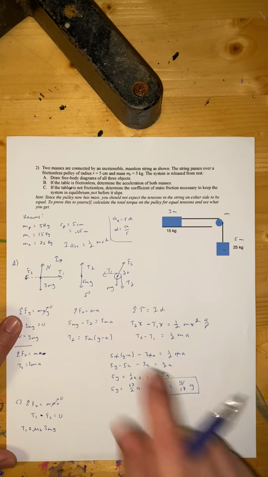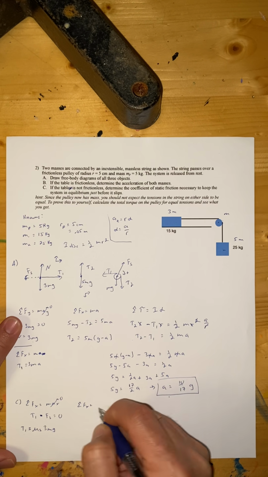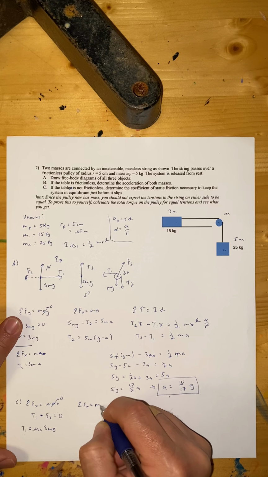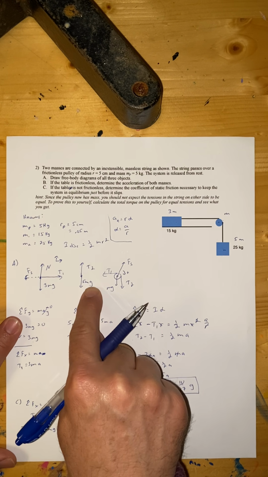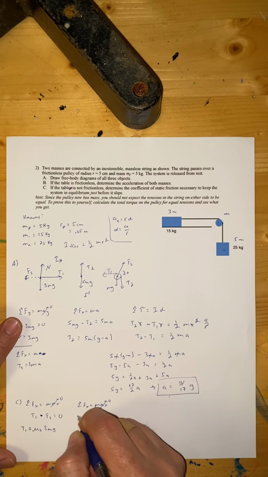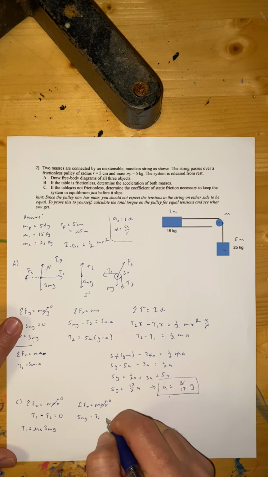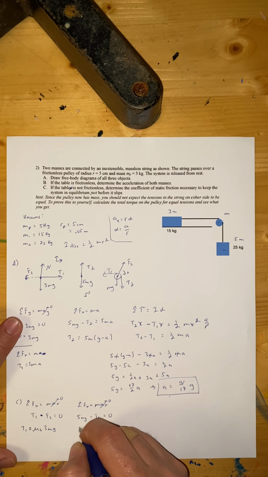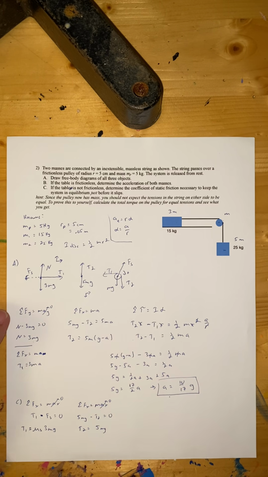Let's look at Newton's second law here. Sum of the forces in the x is equal to ma sub x. That's still 0. What do I have in the x direction for this? Well, I still have 5mg minus T2. But that is equal to 0, so that means T2 is equal to 5mg.